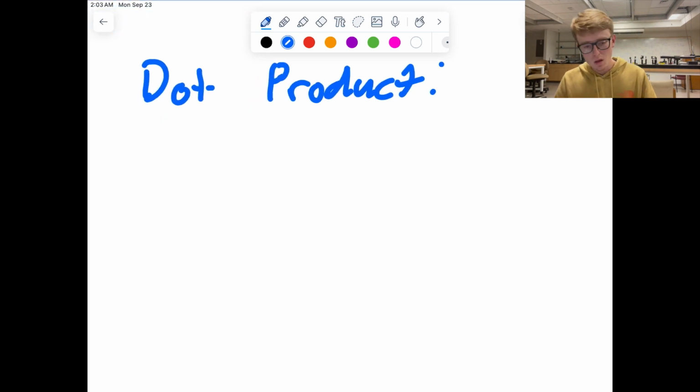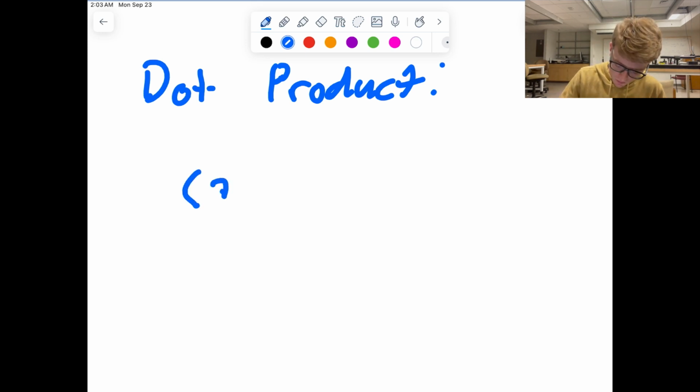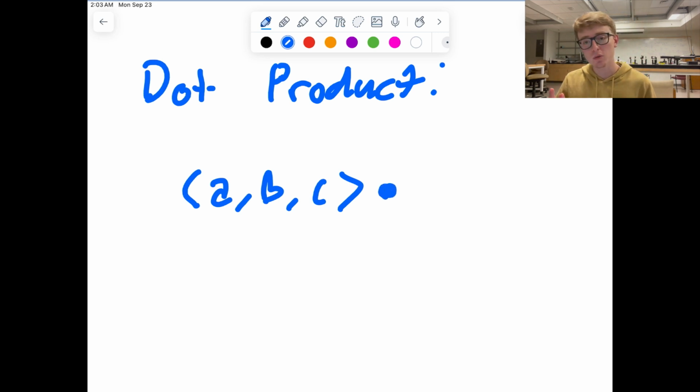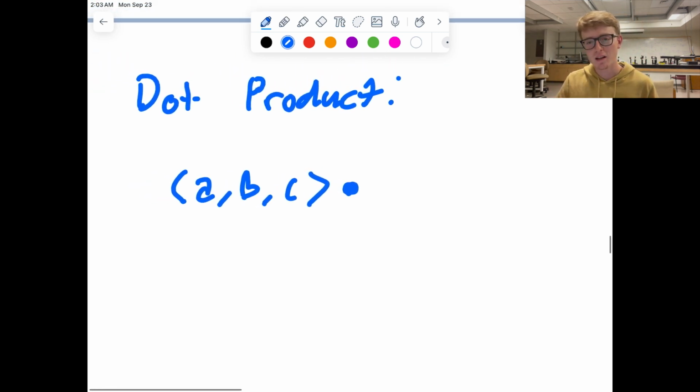Great. Okay, so first things first, we're gonna talk about the general formula. So let's write that out. So we've got A, B, and C dot, that's not multiplication. Once again, this is dot product.